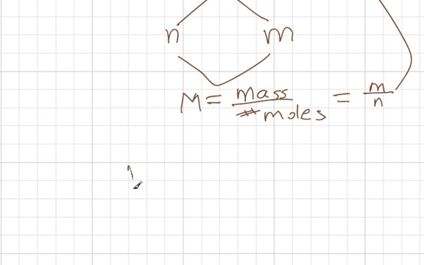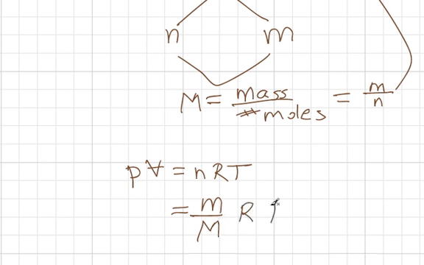If we do that, let's go through the steps. So we have PV is equal to nRT, and so n here will equal the mass of the gas divided by the molar mass, times R and T. And this R here is the universal gas constant.